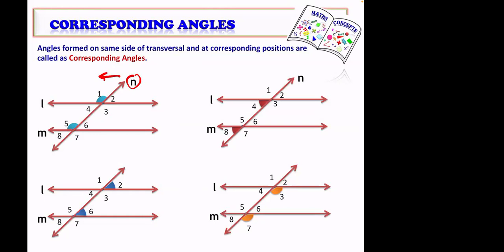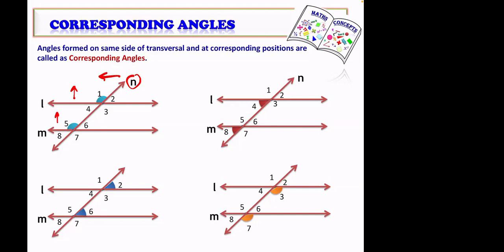Angle 1 is above line L and angle 5 is also above line M. So on the same side of the transversal and at corresponding positions, which means both are on the upper side of the line, these are called corresponding angles.